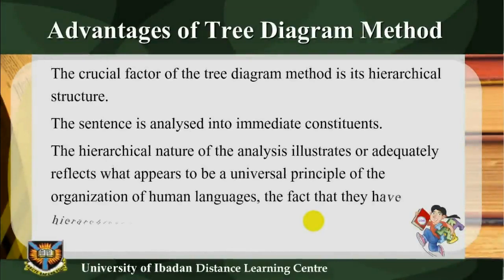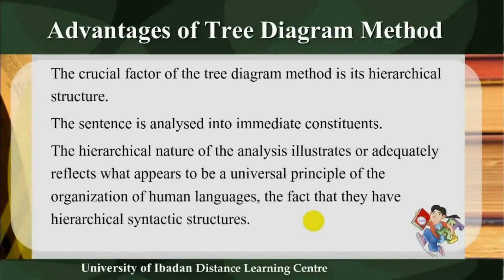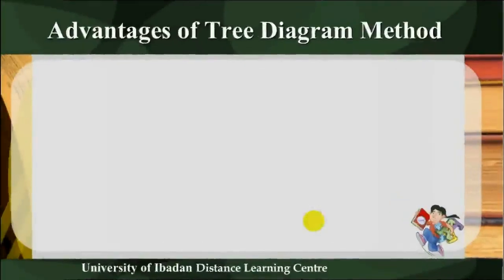The sentence is analyzed into immediate constituents. The hierarchical nature of the analysis illustrates or adequately reflects what appears to be a universal principle of the organization of human languages: the fact that they have hierarchical syntactic structures.